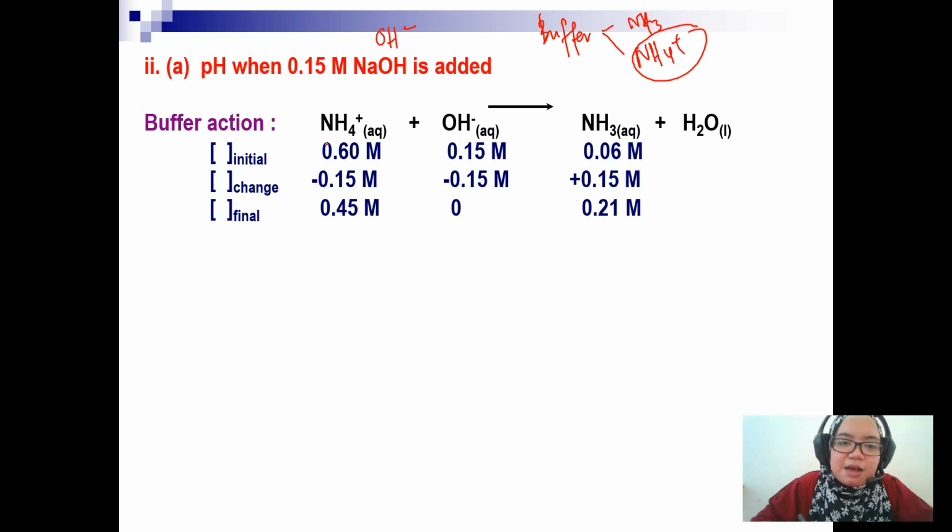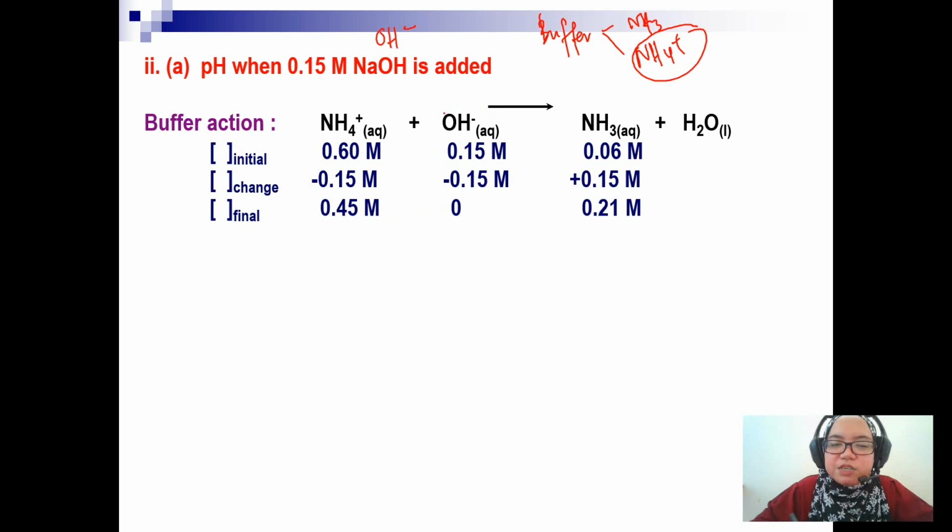So kita tengok kat sini, asalnya initial ammonium ada 0.6 molar, hydroxide ion ada 0.15 molar, and then asalnya NH3 ada 0.06 molar. Okay, lepas NH4 react dengan OH minus, dia akan tolak dengan 0.15. Okay, and then ammonia akan tambah 0.15 kan. So dia gain lah, betul tak? So final molarity dia lepas the reaction is the concentration of NH4 decreases sebab dia dah consume OH minus tadi kan, dia dah react dengan OH minus, so dia dah decreases.